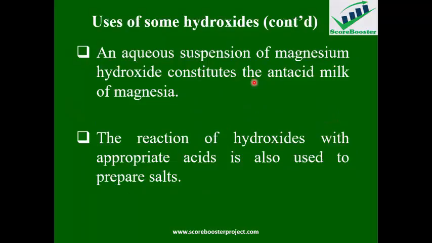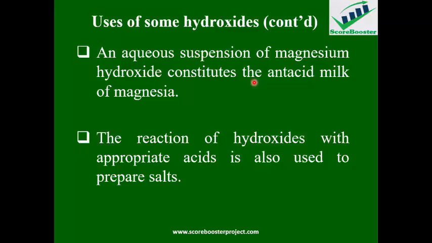Apart from that, the suspension of magnesium hydroxide constitutes the antacid known as milk of magnesia. What we are trying to say is this: in medical practice, when somebody is suffering from ulcer, there are times that the person will be asked to use antacid.